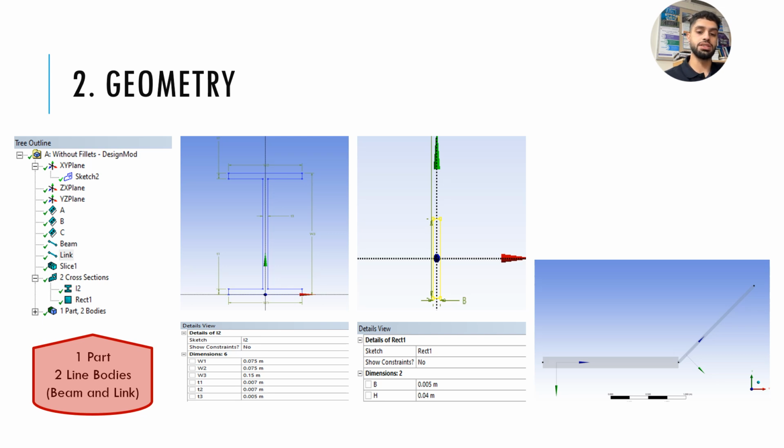But for ANSYS to treat them differently based off of their specifications and their geometry, we have to put them into 2 line bodies and set those 2 line bodies into one part. So here in the middle, we have the cross sections, and at the bottom right, we assign those cross sections to each line body, and we were given that.